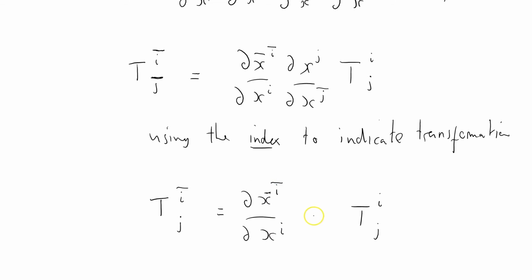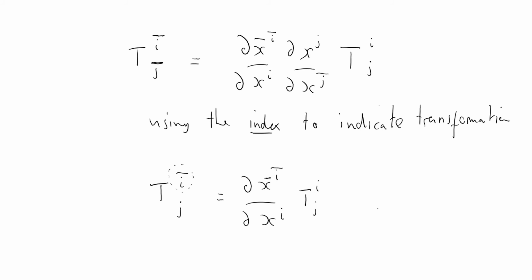So what I'm doing here is just transforming one of the indices from the regular frame to the barred frame. Now, is that an advantage or not? Well, it is, because you don't need to transform the whole thing. You can just transform the tensor index by index. But that's not really very useful, certainly not at the level I'm presenting relativity in this course. So I'm not going to use that. I'm going to transform the whole stupid thing.